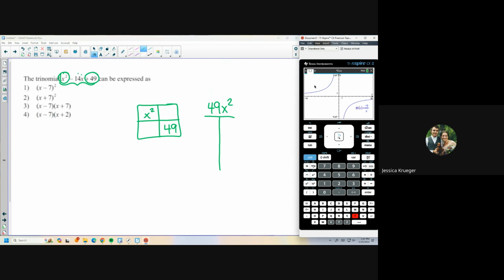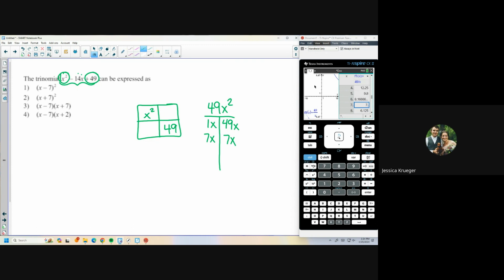If you want to use the calculator, you can come back to this graph. And instead of negative 9 over x, I'm going to type in 49 over x. And I'll go back to my table. And now I can see my factors of 49 are 1 and 49. And if I scroll down, there's another set, 7 and 7.